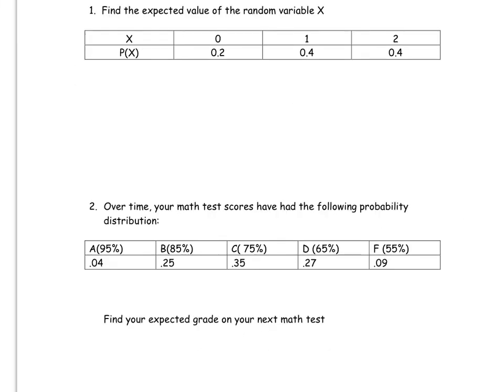So for these problems, I'll put the PDF of this worksheet right next to the link for the video. Try these on your own, see if you can figure out what the expected values are after watching the video. And if you do that, you should find that for this first one, the expected value of x, I'm not going to put up the work, I'm just going to put up the answer, is 1.2. And for number 2, we didn't give a name for this random variable, so I'll define it right here.